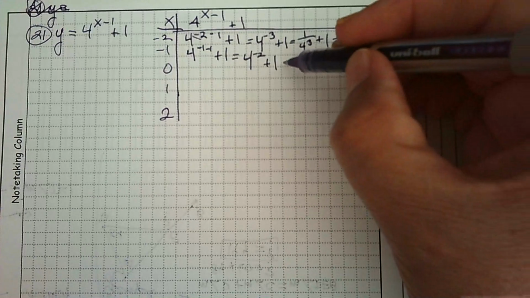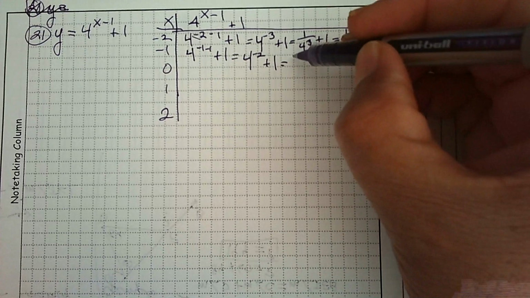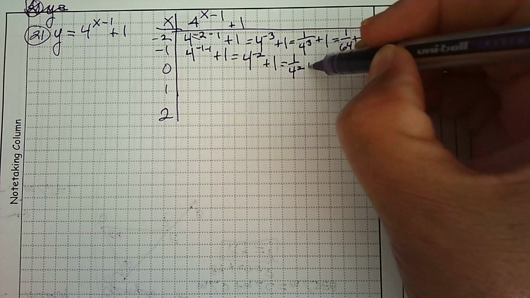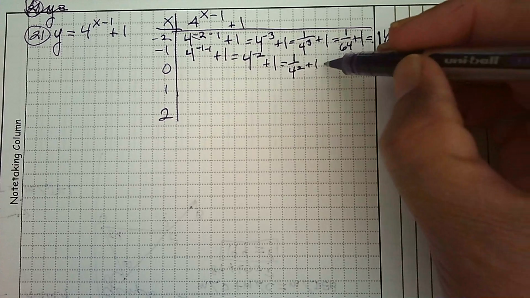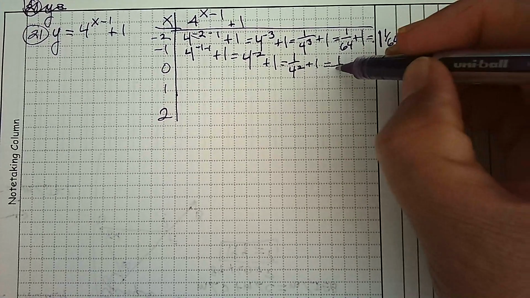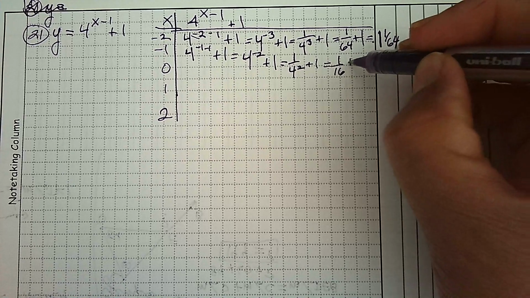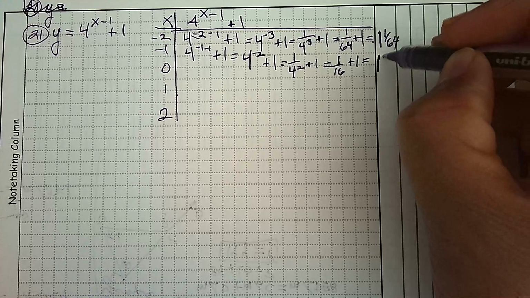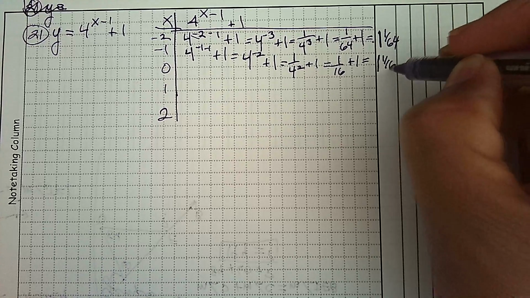Change the negative exponent to positive, which means it has to come to the bottom, so be 1 over 4 squared plus 1. 4 squared will be 16, so that'll be 1/16 plus 1. The answer will be 1 and 1/16.